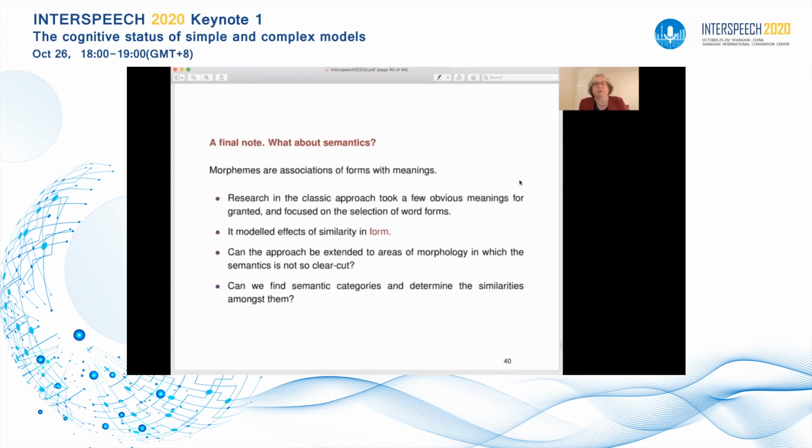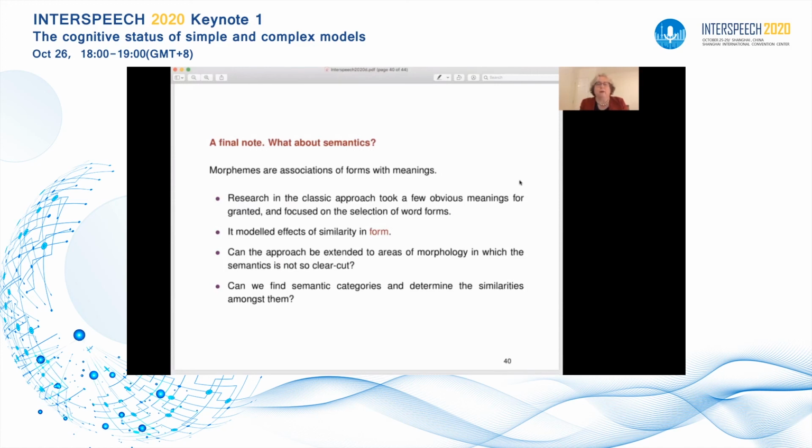Now, a final note, what about semantics? Of course, morphemes are associations of forms with meanings, and the research in the classic approach took a few obvious meanings for granted, such as the plural or the past, and focused on the selection of word forms.